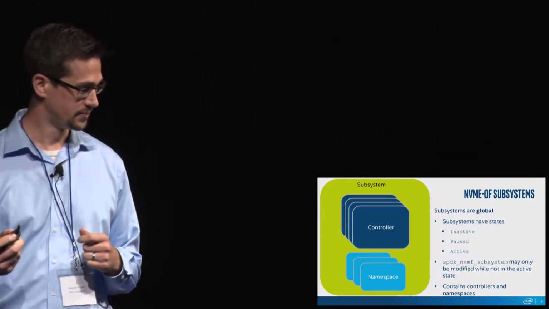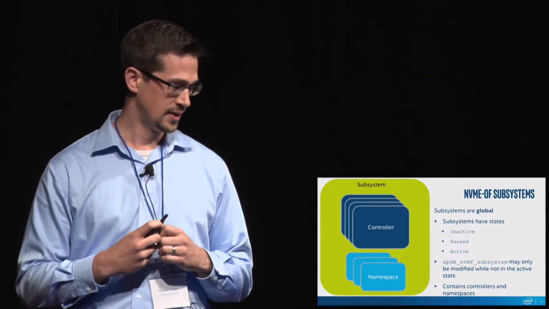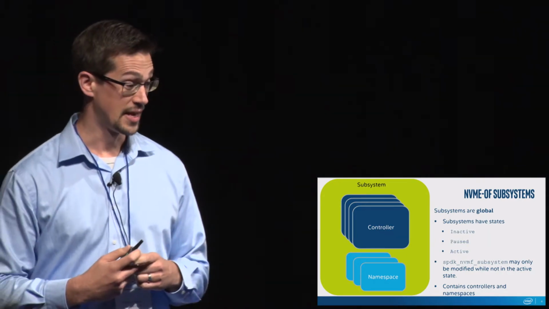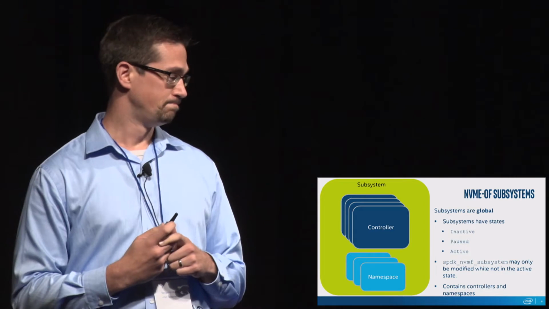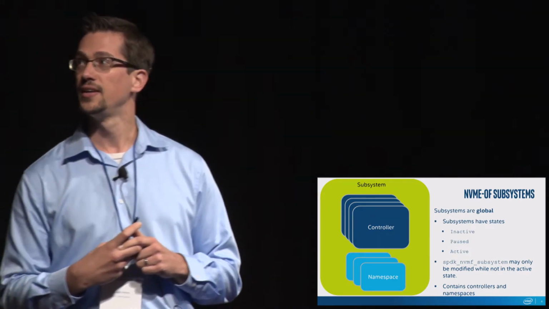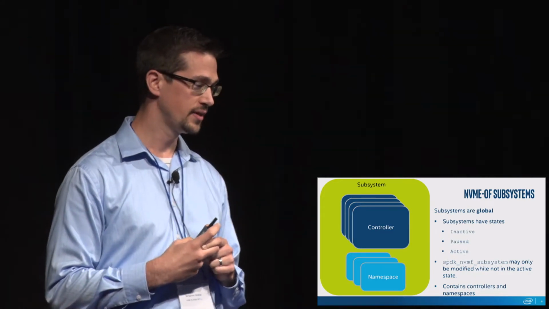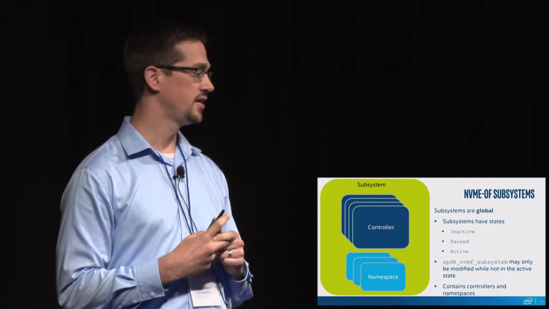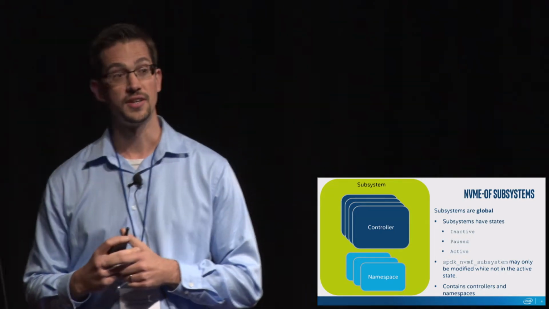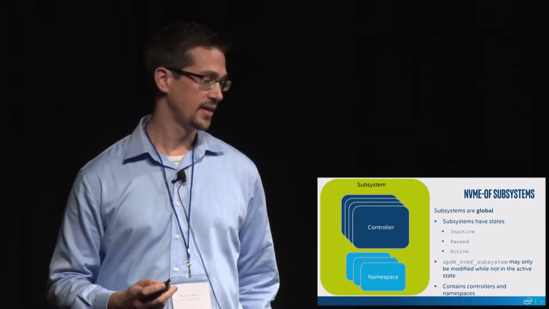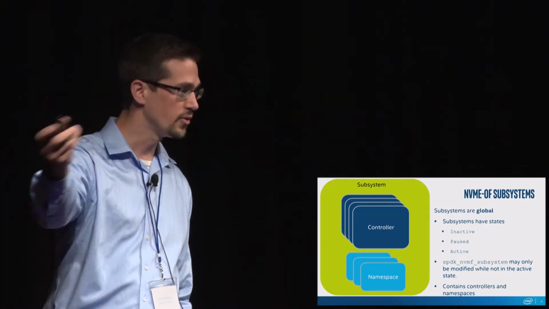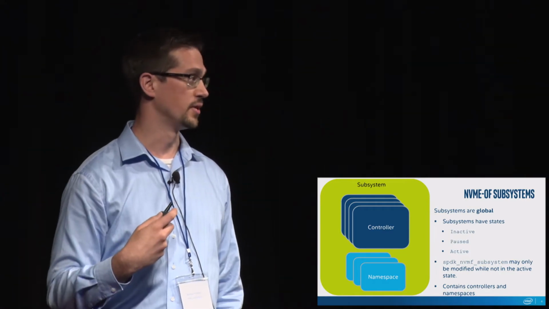Okay, so a subsystem is itself a collection of NVMe controllers and NVMe namespaces. So a subsystem is a global thing in memory. It has a state machine in it, and it's in various states. It is read-only in the active state, so all the threads can read from it. But you can control the state machine to kick it into other states so that you can mutate it at runtime.